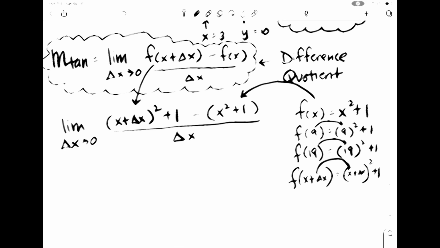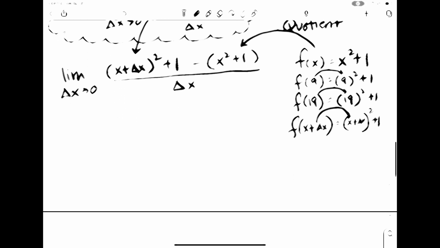That's the function value at x plus delta x. That seems to me the hardest part of this process, figuring out what is f of x plus delta x. Now be careful. You've had pre-algebra. You've had algebra 1. You've had algebra 2. You should not deal with this incorrectly after all that experience. You know what to do here.